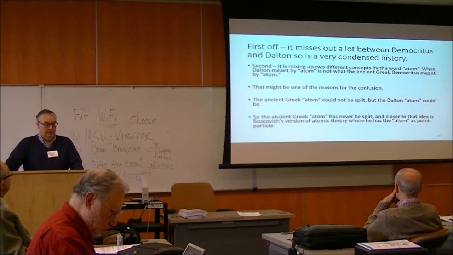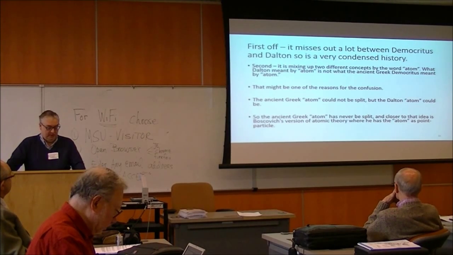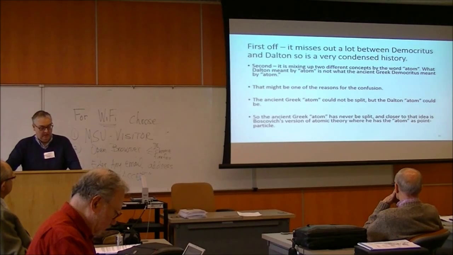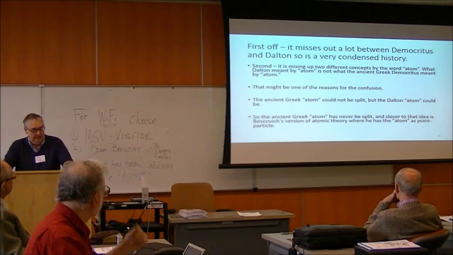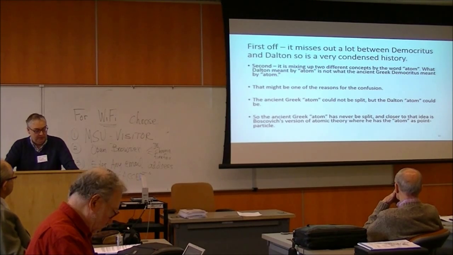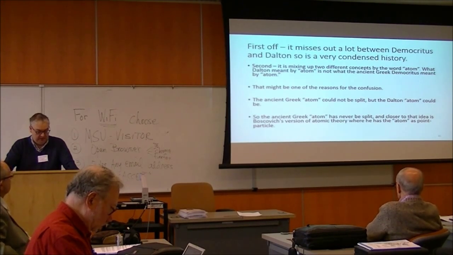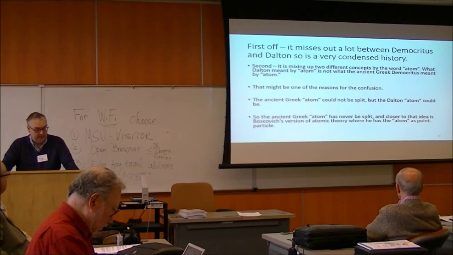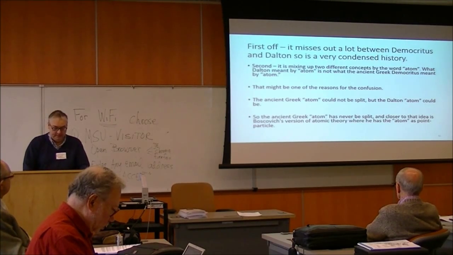The ancient Greek atom is the idea that it could not be split, but the Dalton atom could be split. So the ancient Greek atom has never been split and is close to the idea of what Boscovich was talking about in his atomic theory when he was talking about an atom as being a point particle.